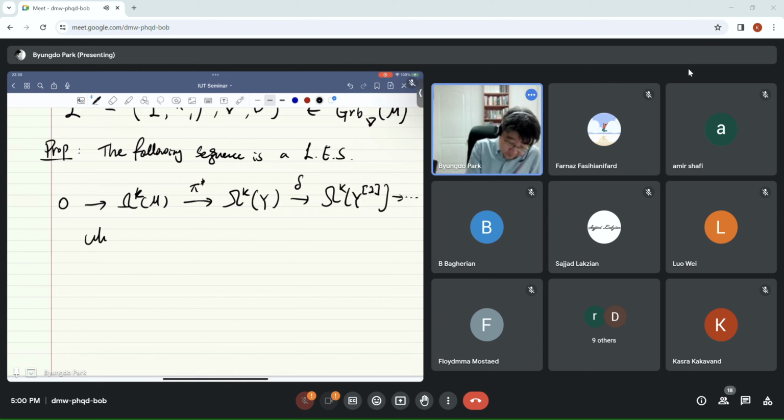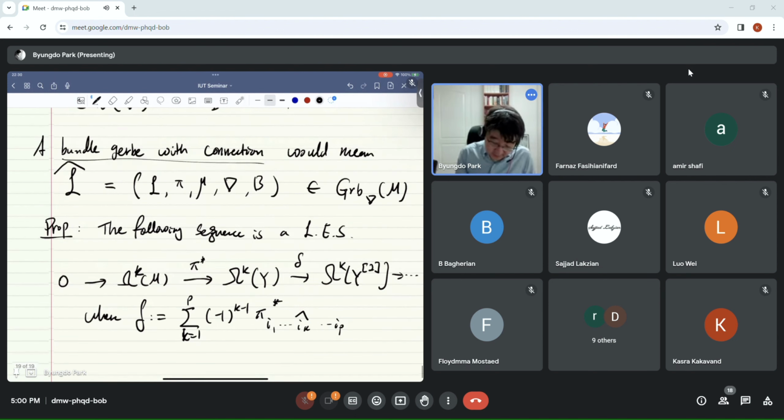Where this delta is basically an alternating sum, k goes from 1 to p, with sign minus 1 to the k minus 1. So the sign starts from plus, and then pi_1 through pi_k hat through pi_p, where you omit the index k, and then pull back.